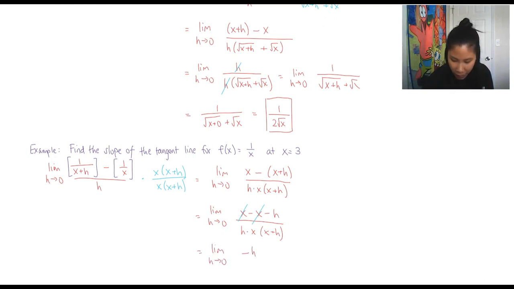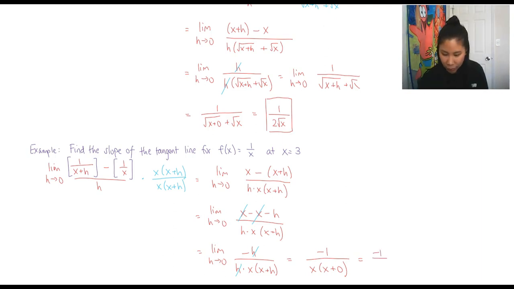And that leaves us with a negative h on top, which is nice because that h will cancel out on the bottom, which leaves us now with a negative 1 on top with the x plus h. But here I'm just going to start plugging in my h equals 0. So my derivative is going to end up being negative 1 over x squared.